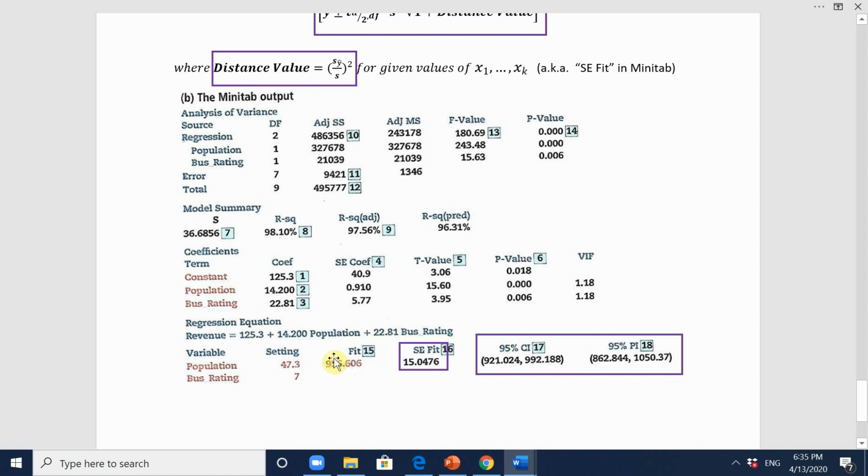And around this point estimate or point prediction will be applied the margin of error. The margin of error, of course, will use this distance value, this SE fit. And so here you see how you get your confidence interval for mu of y for a set of given values x1 and x2.